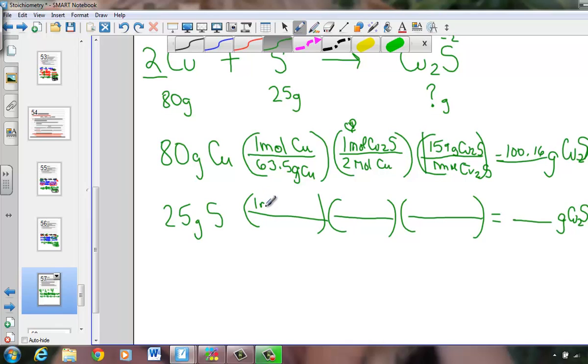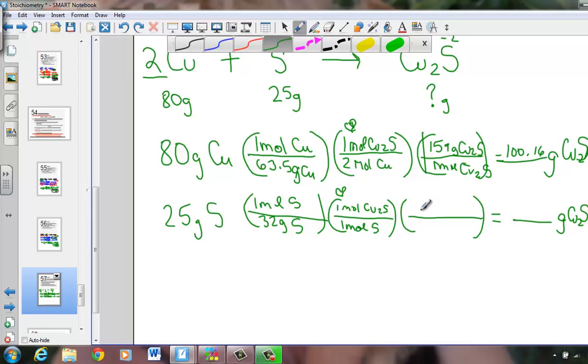We've got 1 mole of sulfur set over its gram atomic weight of 32. So 1 mole over 32 grams converts 25 grams of sulfur into moles. The heart of my problem compares the stoichiometric ratio. I see that 1 mole of Cu2S is produced for every 1 mole of sulfur put in. A 1-to-1 stoichiometric ratio.